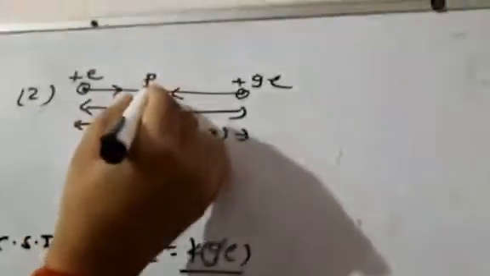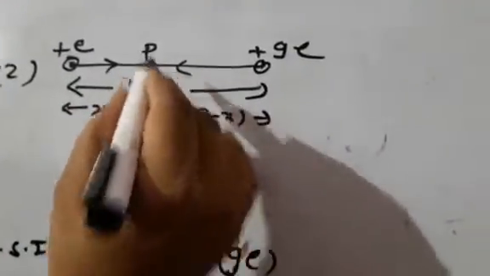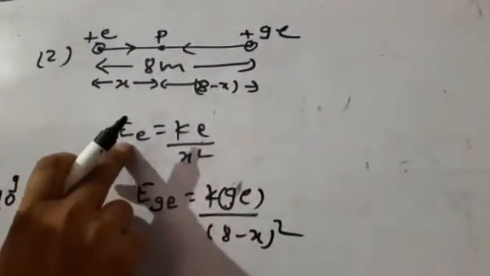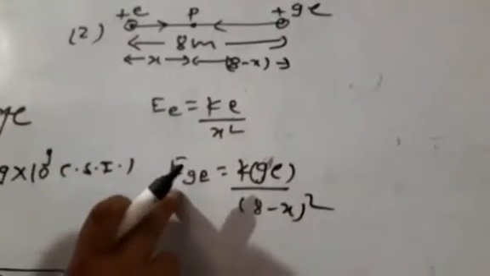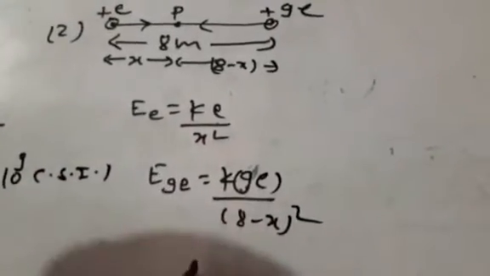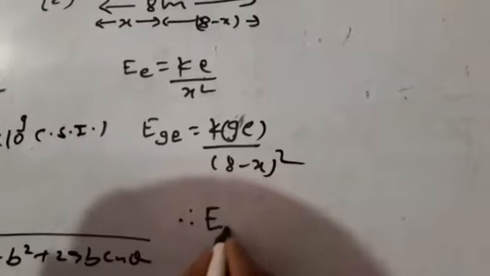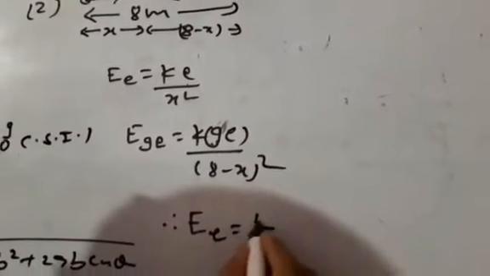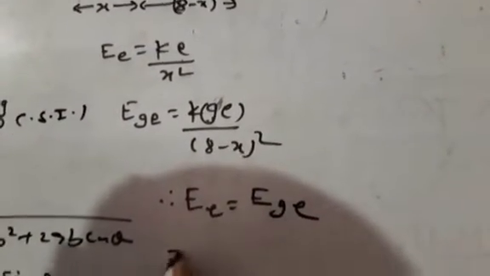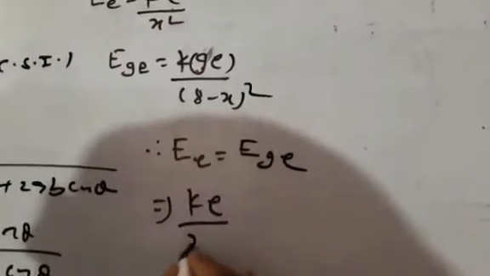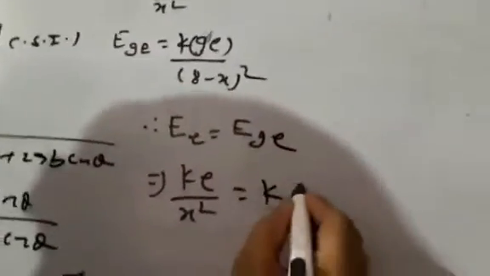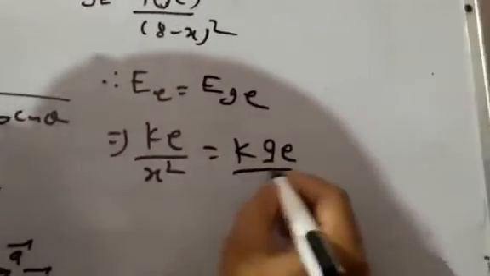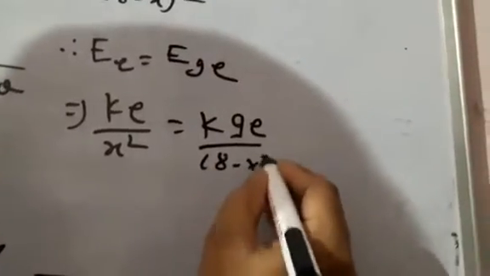Since intensity at point P is equal to 0, therefore the magnitude of intensity due to E and intensity due to 9E are equal. Therefore, E equal to 9E. That implies constant E upon x square is equal to constant 9E upon 8 minus x square.